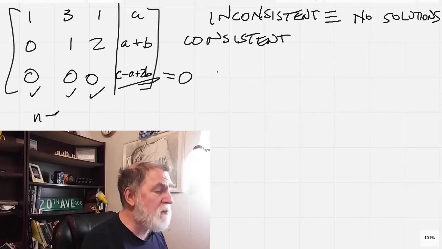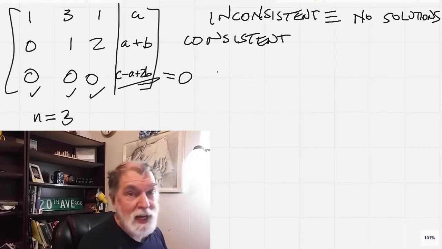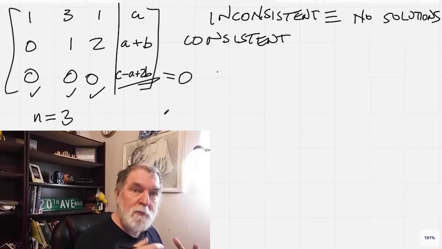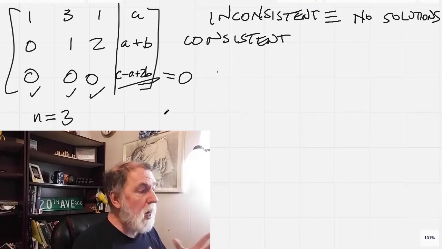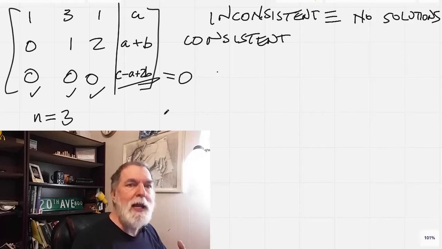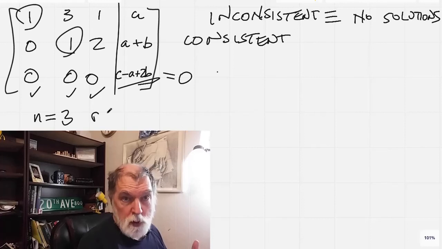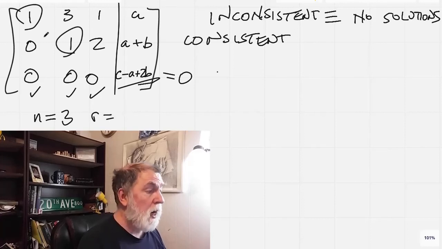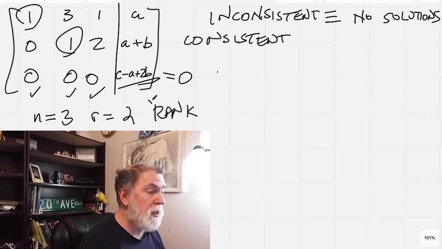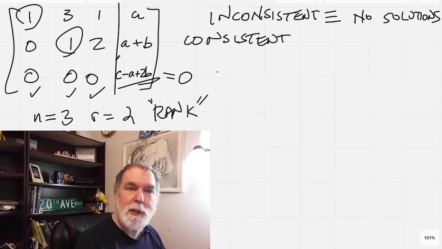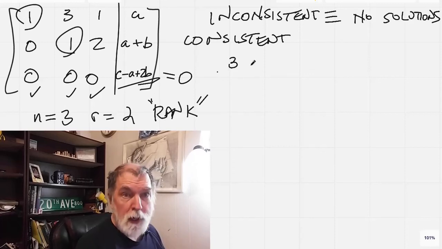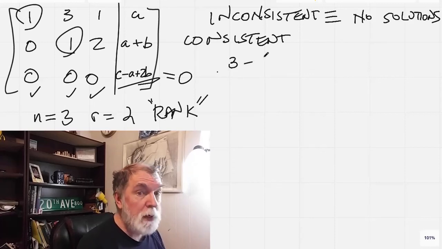Let's call that number n, and in this case it's 3. Now that we've got a row echelon matrix, we can ask the next question: how many leading ones? We'll call that number r. There's 2, and we'll give it a fancy name. That's the rank of the matrix. Now in this matrix, we've got 3 variables, only 2 of which are leading variables.